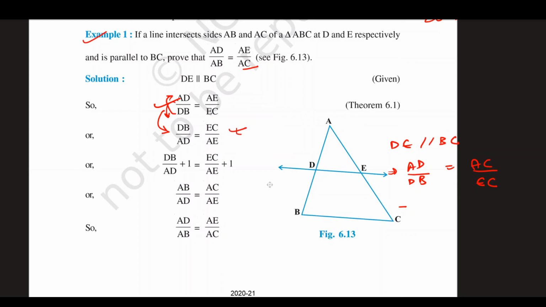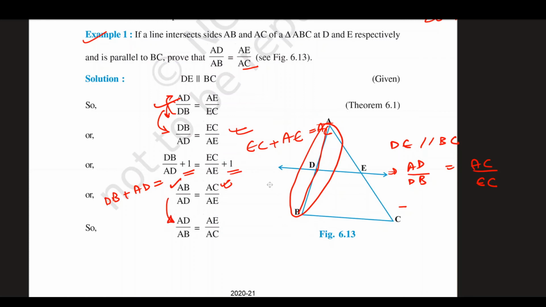We get this thing, add +1 to both sides, we get DB plus AD, and DB plus AD makes complete AB. Similarly EC plus AE is AC. Now again interchange numerator with denominator and we will get the answer.